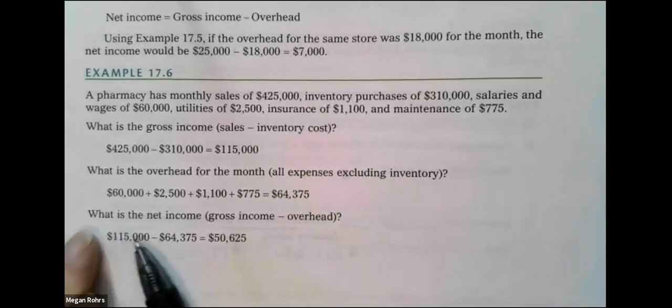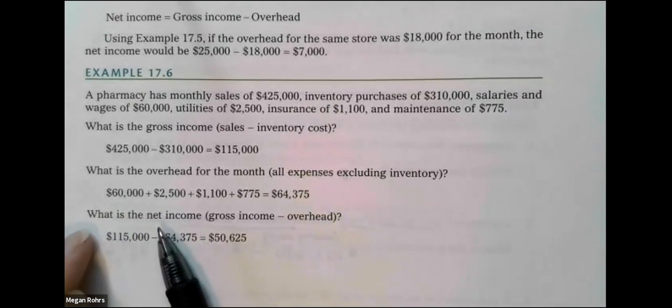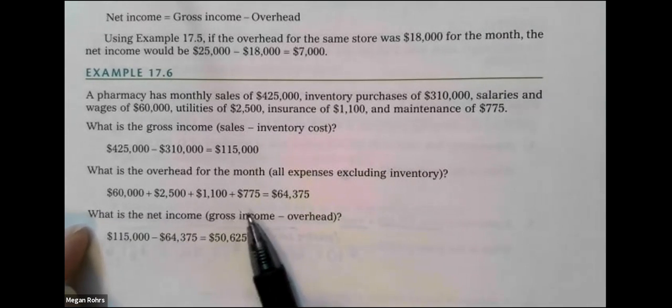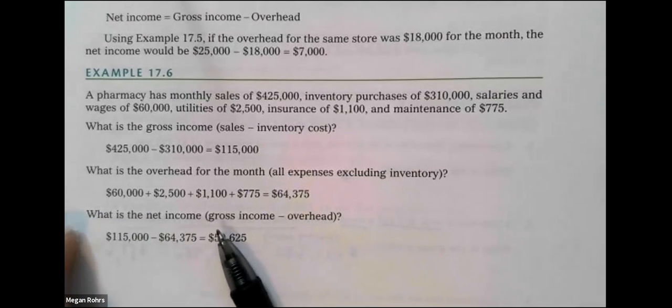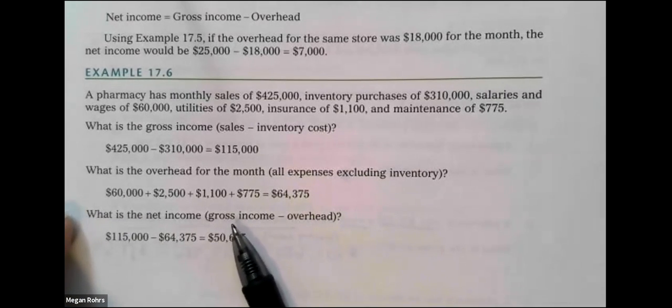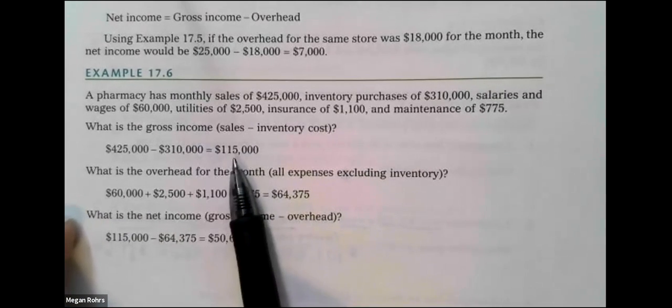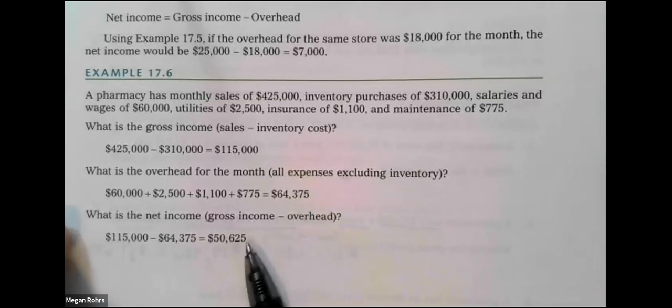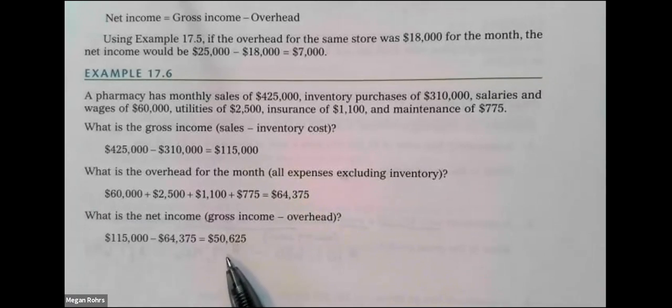And then when we're calculating net income, remember we're taking the sales minus everything, minus all of the cost of doing business. But since we've already calculated our gross income here and our overhead, we can use that simplified equation here by just taking our gross minus our overhead, which would leave us with $50,625.